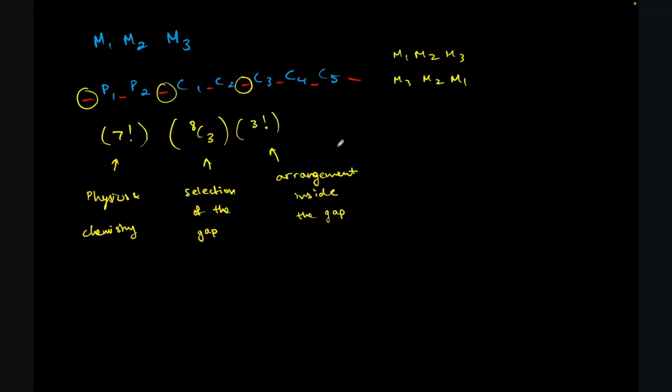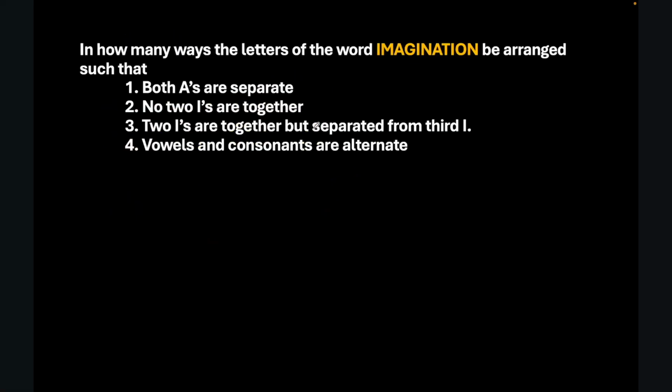Okay, perfect. Now let's do another question, again with the imagination, but instead of bundling, we're now separating. Let's do the first part. We're asked that the A's are separate. Let's list out all the letters.